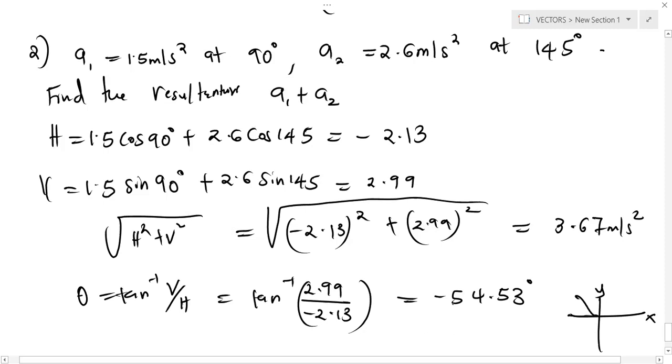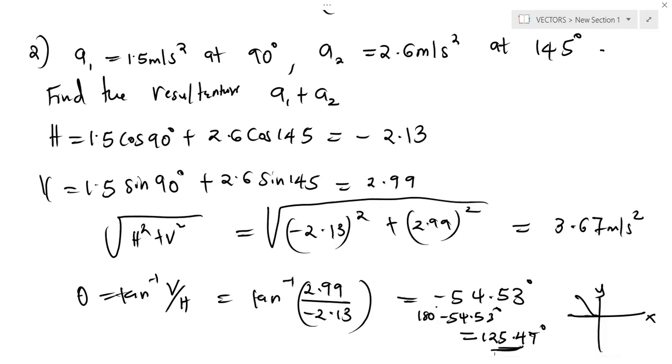Representing this in the second quadrant, it will be 180 minus 54.53 degrees, and the angle is 125.47 degrees. And that's how we resolve vectors into their horizontal and vertical components and find the resultant magnitude and direction.